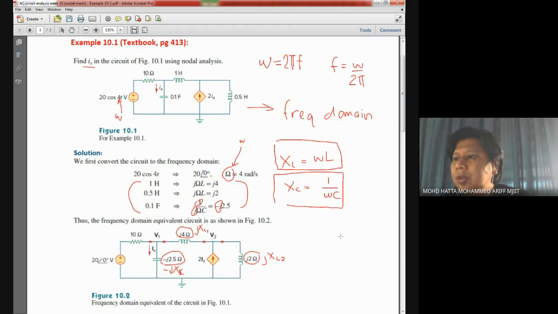We transformed our time domain circuit into a frequency domain circuit. And again, I would remind you that the conversion from time domain to frequency domain does not change the arrangement of the circuit connection. The only change in the circuit is the values, which are given by the reactance value as well as the resistance value for the resistor.